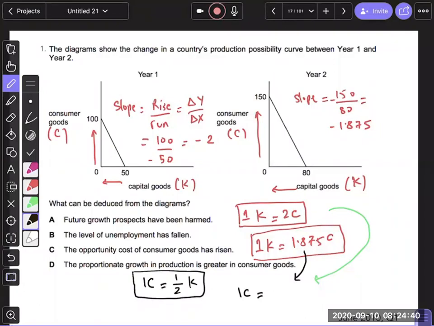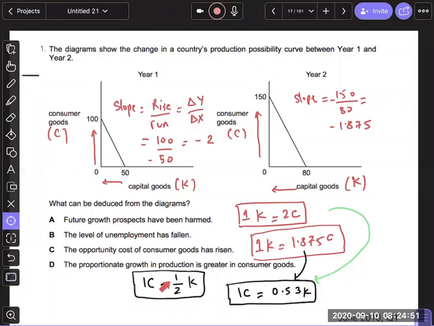Amal, if you have a calculator, 1 divided by 1.875. 0.53K. Thank you. So Amal, my question to you is, for one consumer good, you were sacrificing half K, now you're sacrificing 0.53K. What is happening to your opportunity cost in terms of consumer goods? It's increasing. Very good.